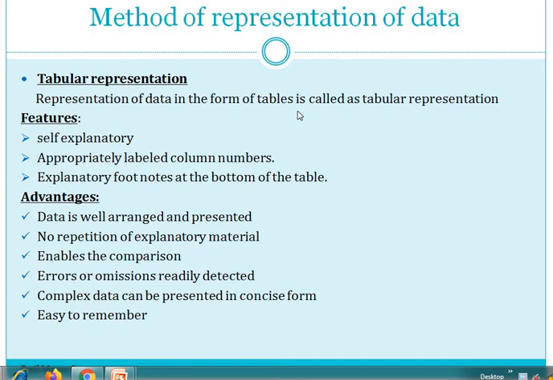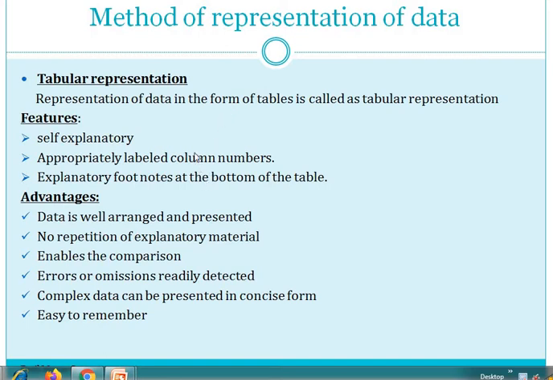Hello dear students, we have started our topic, that is collection and representation of data, and in that we discussed earlier what is classification, why there is a need of classification, and the different benefits or advantages of classification.